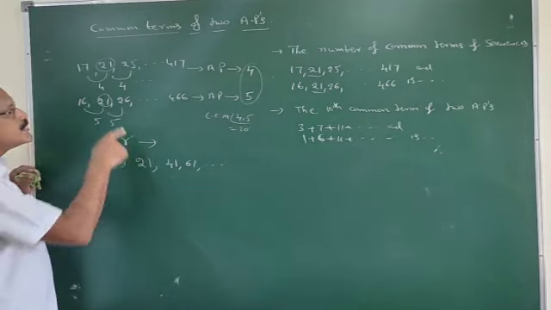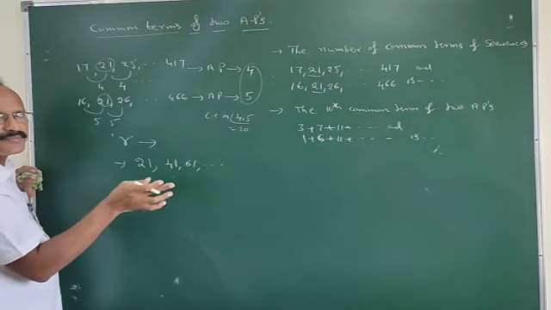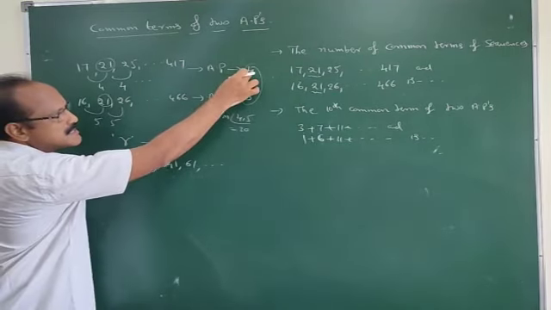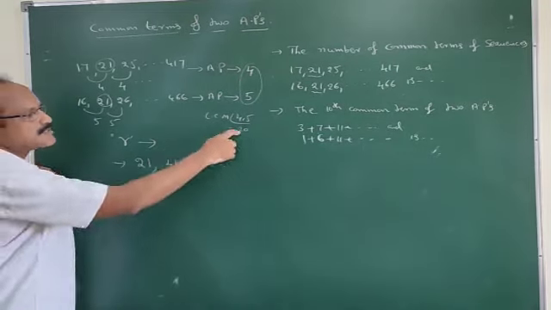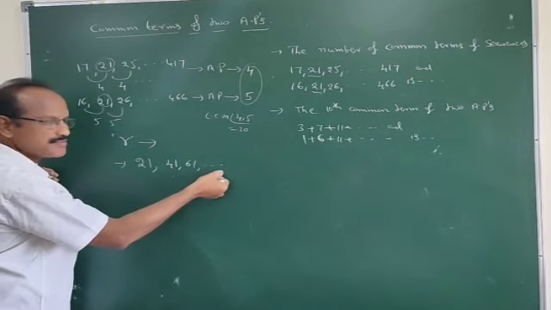The first common term is 21, and the remaining common terms are obtained by writing the sequence with the common difference equal to the LCM of the common differences of the first and second given sequences. Right, here the LCM is 20.